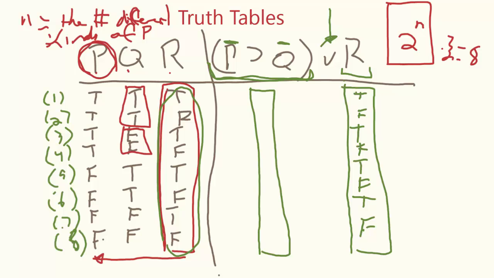So in this case, it's Q. Well, we see that in cases 3 and 4, our antecedent is true and our consequent is false. And that's the only case in which we get that pattern. So in all of the other cases, it's going to be true. So we get true, true, false, false, and the rest are going to be true.